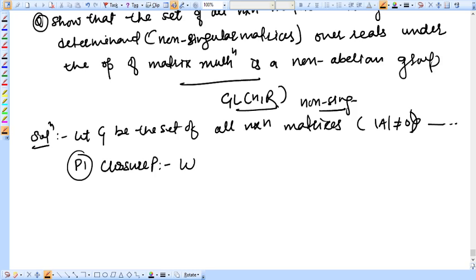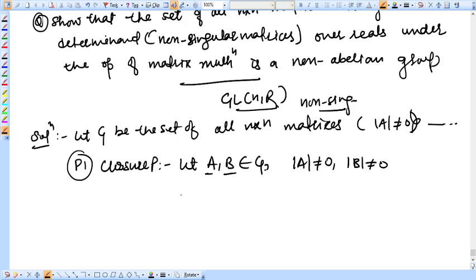For this, let A, B belong to G. Since G is a set of all non-singular matrices, we can write determinant of A is not equal to 0 and determinant of B is not equal to 0. We will see whether or not determinant of AB is 0.